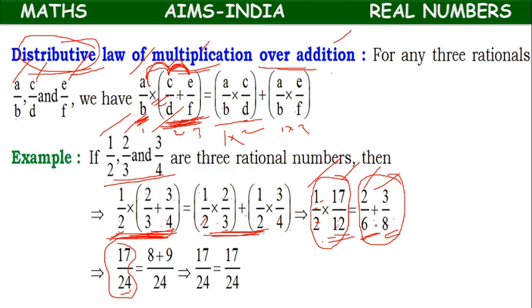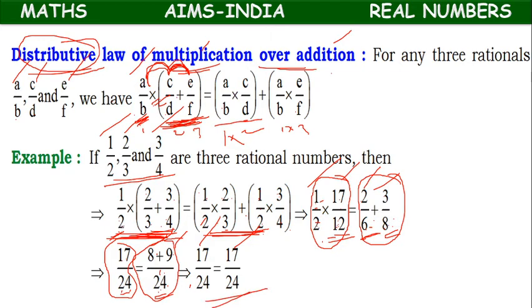What about this one? 6, 8, LCM 24, 6 4 times 24, 4 2 times 8, 8 3 times 24, 3 3 times 9. This one is also 17 by 24, 8 plus 9, 17 by 24.